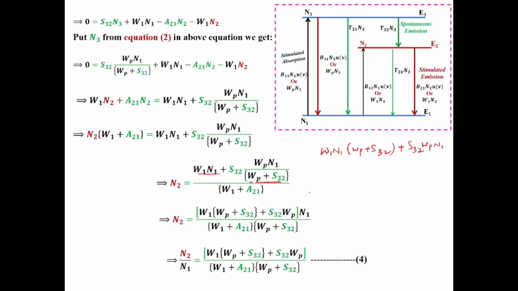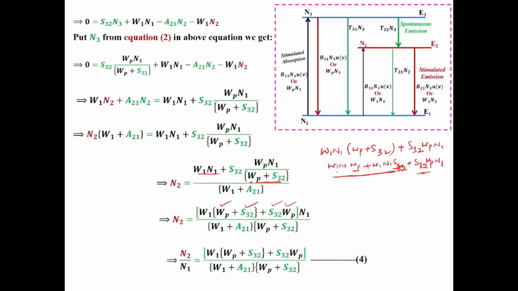So here from these two terms, we can get these three terms: W1 N1 WP plus W1 N1 S32 plus S32 WP N1, right? So here W1 is taken common from these two terms, so we can get WP plus S32, and here this term is your S32 WP.